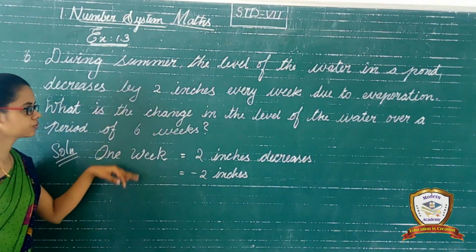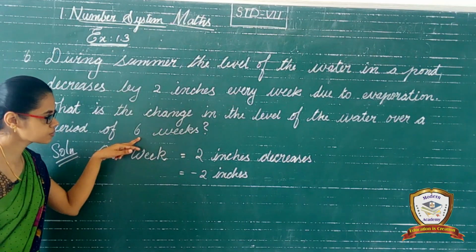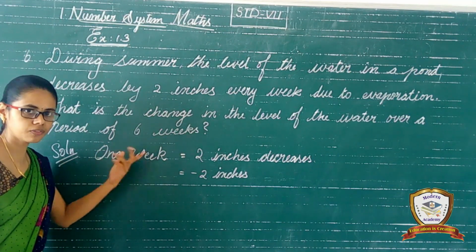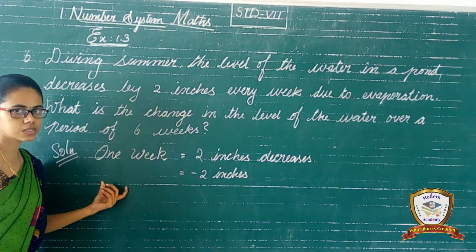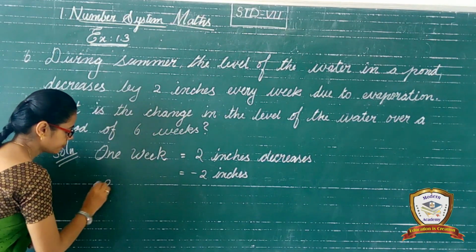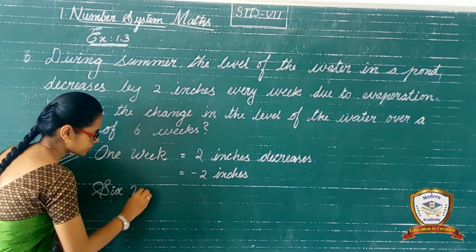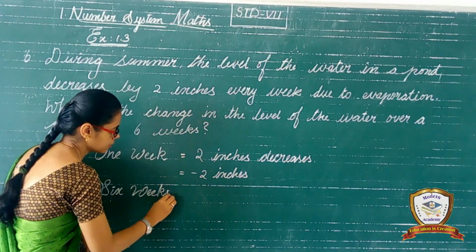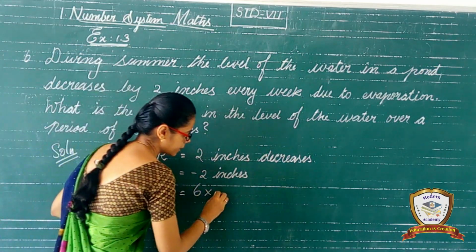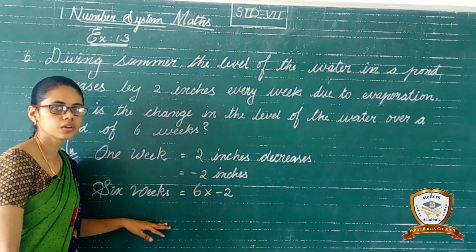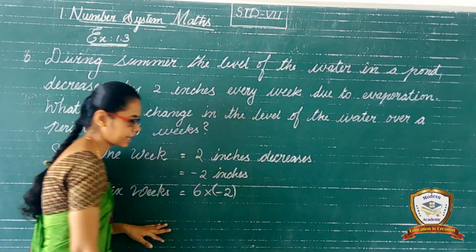And next we have to find 6 weeks. 6 weeks means we have to multiply and finally we get the answer. So we have to write 6 multiplied by minus 2. Right? So we use the bracket.